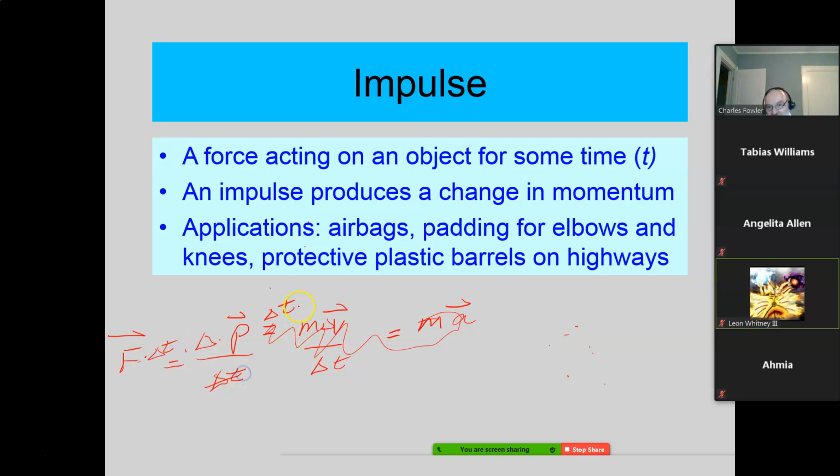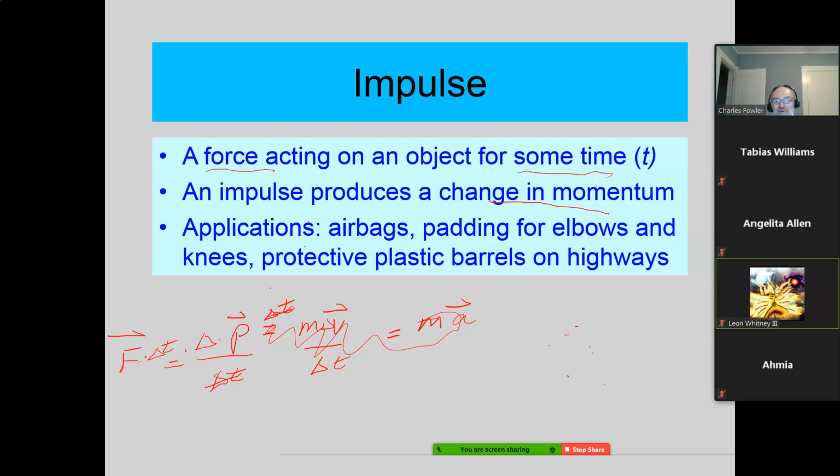Well, here the delta t's cancel out, and what we have is a change of momentum is equal to force times a time period. That's exactly what it says here. A force acting over some time period, F times delta t, gives you a change of momentum. That's what impulse is, change of momentum.